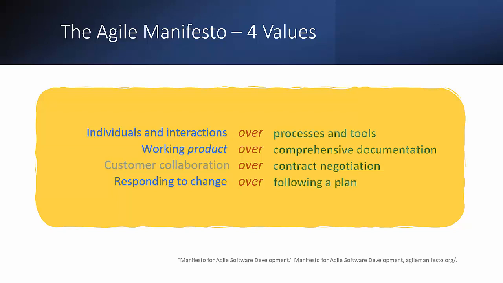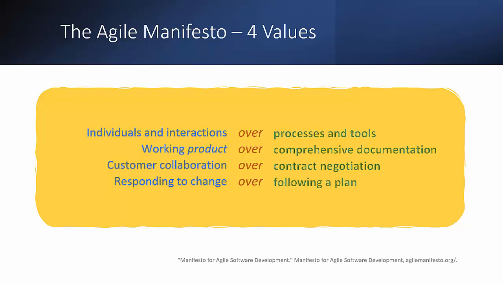The third value, customer collaboration over the contract negotiation. The idea being that rather than negotiate in detail all the specifications of your contracts with the customers, you would focus on constant collaboration with the customers and understanding what it is they need and how their needs evolve.